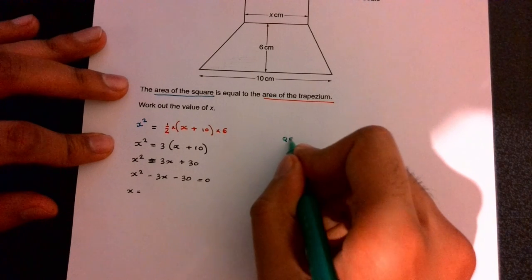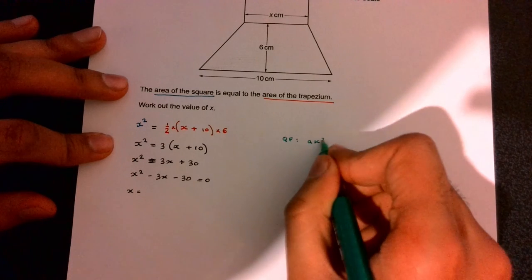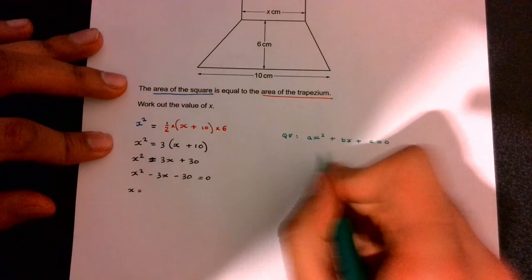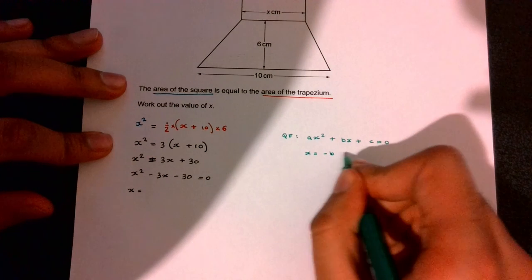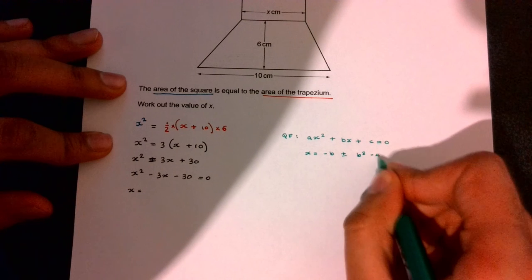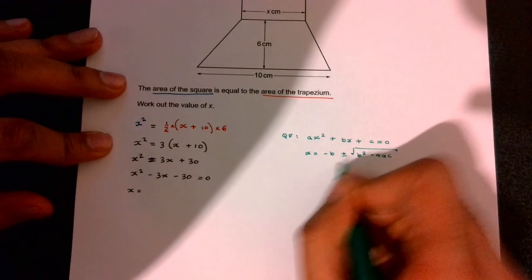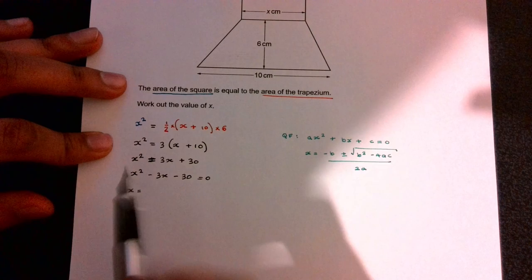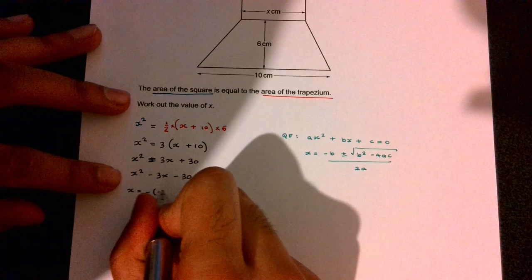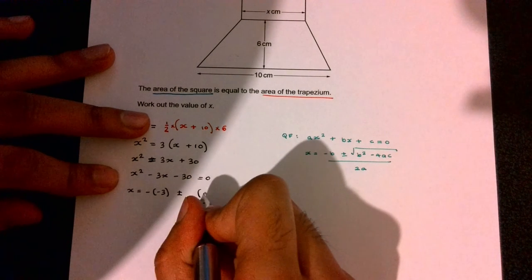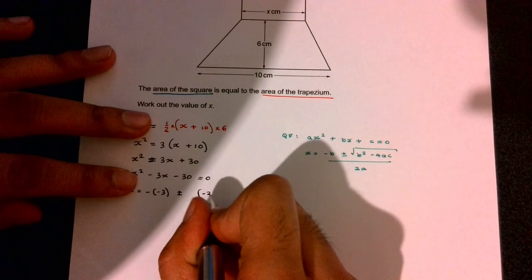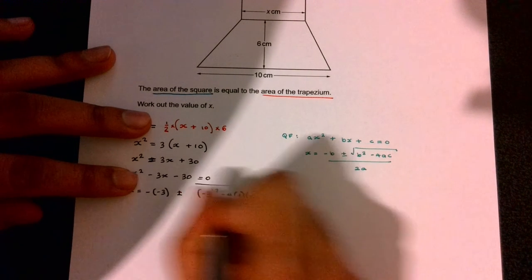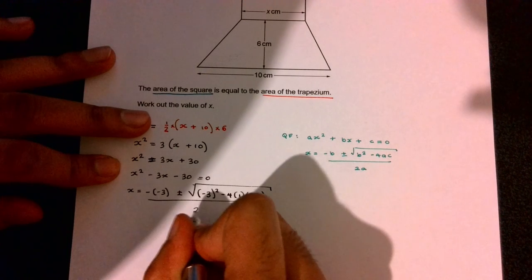For the quadratic formula, when solving ax squared plus bx plus c equals 0, x is equal to minus b plus or minus the square root of b squared minus 4ac over 2a. So using this information, we have x equals minus b, so we have 3 plus or minus the square root of minus 3 squared minus 4ac over 2a.